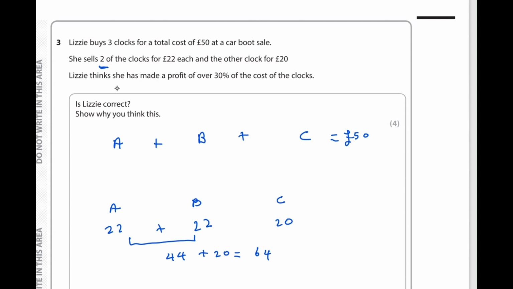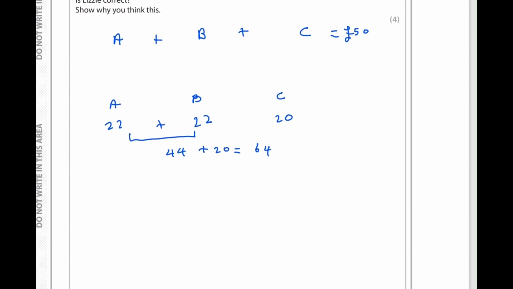The question is, Lizzie thinks she has made a profit of over 30% of the cost of the clocks. Is Lizzie correct? Show why you think this. To find the profit, it's 64 minus the original value, over the original value, times 100%.